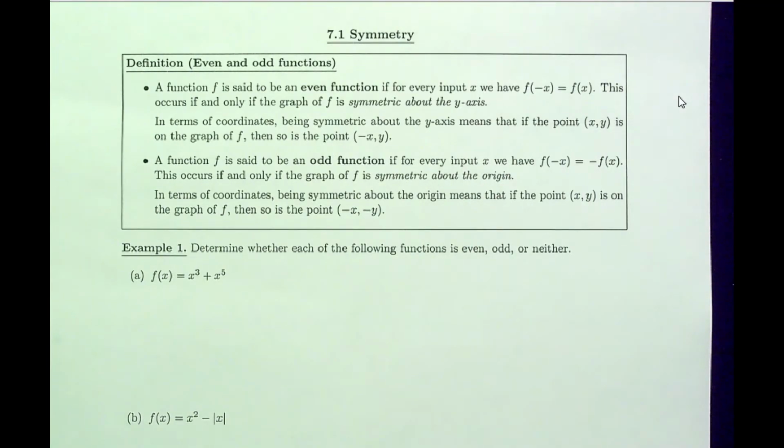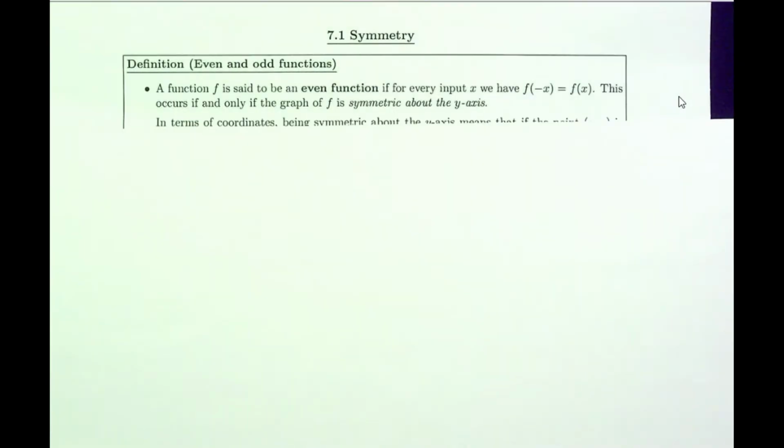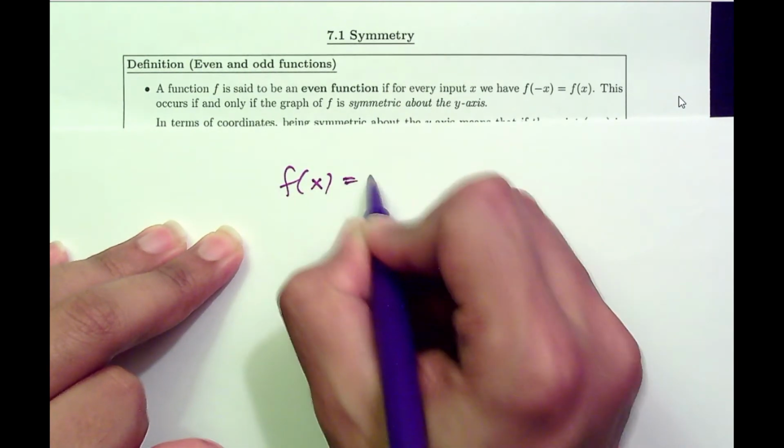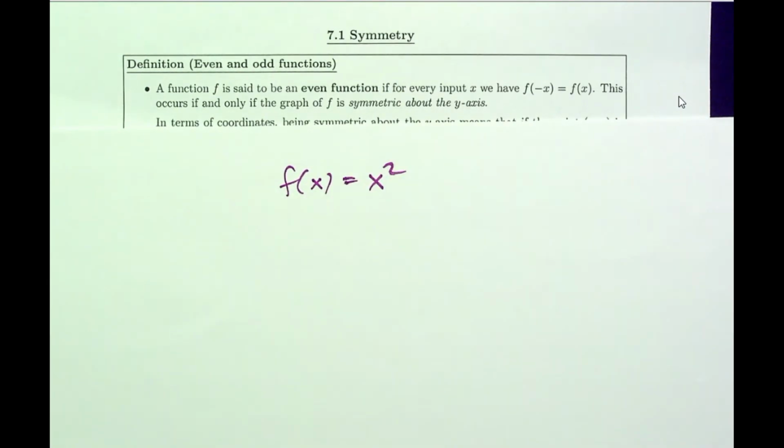So for example, with a particular number like -5, if the function is even, then plugging in -5 is exactly the same thing as plugging in 5. One really quick and easy example of a function that is even is the squaring function.